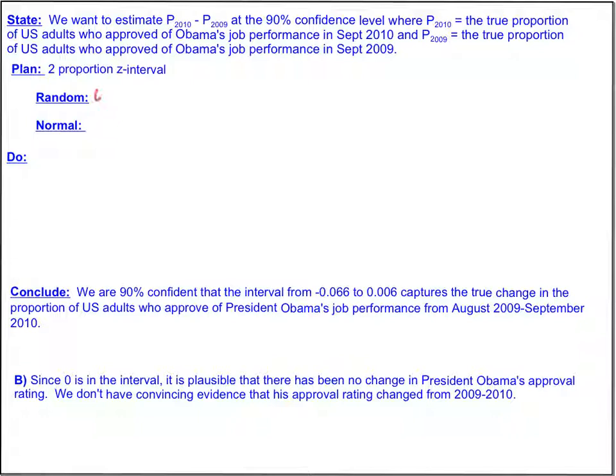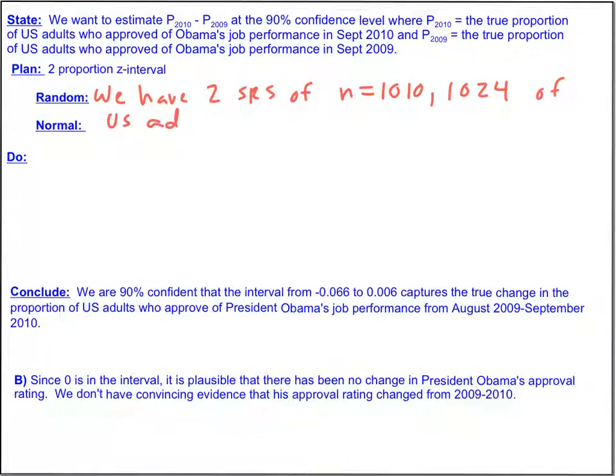For random, we have two simple random samples. We'll call them US adults. Normal, let's see here.